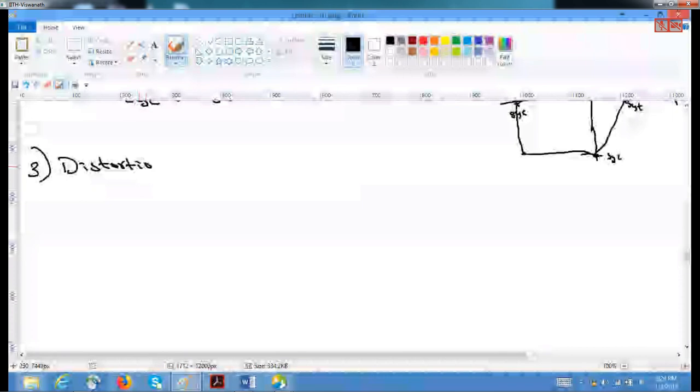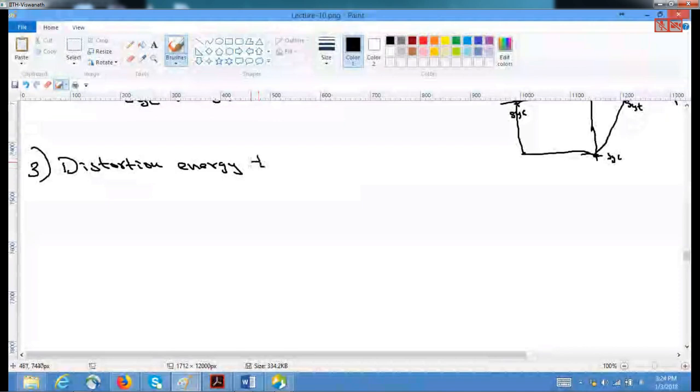In the distortional energy theory, in order to develop this, I would just take a detour. Before that, let's write up something.